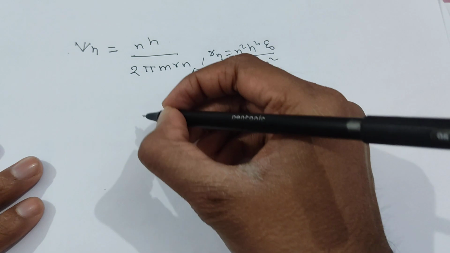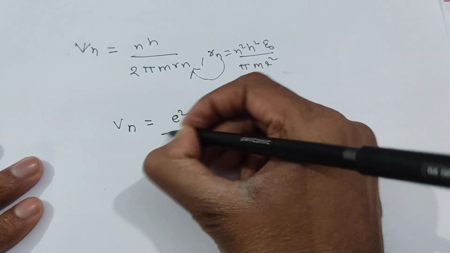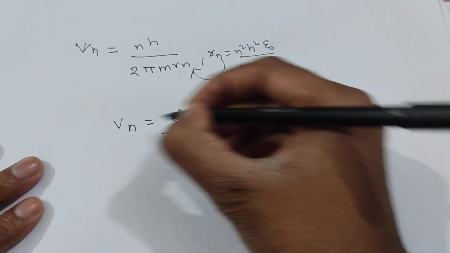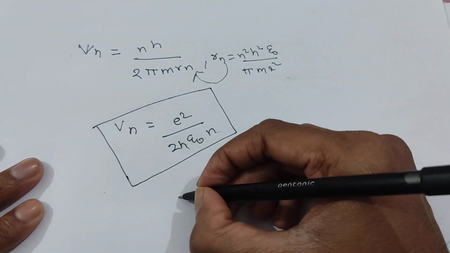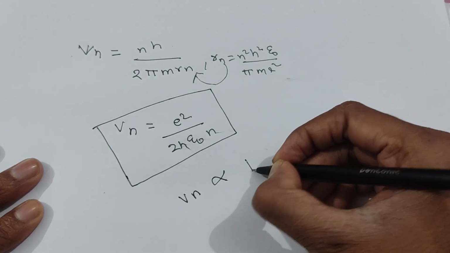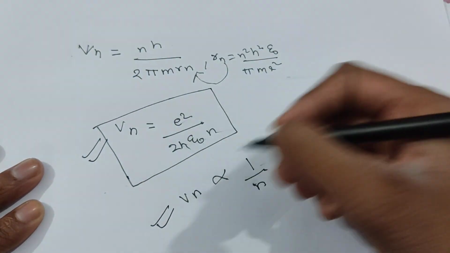After putting it, we'll have Vn equal to e square by 2 h epsilon naught n, and we can say that Vn is proportional to 1 by n. This formula is very important.